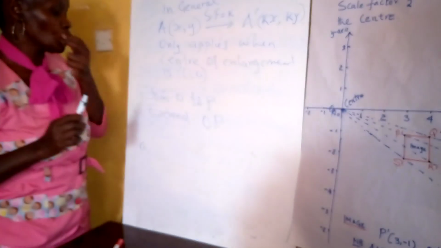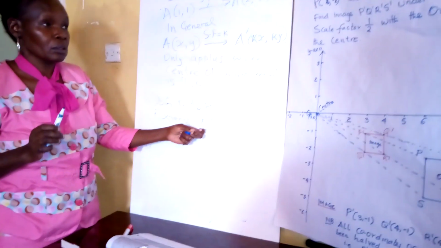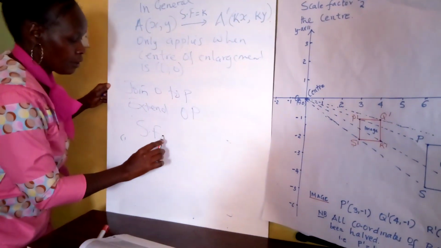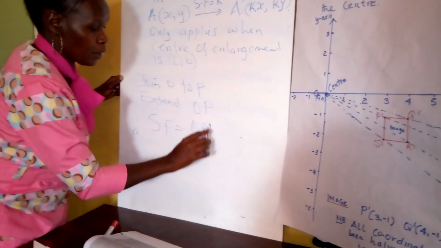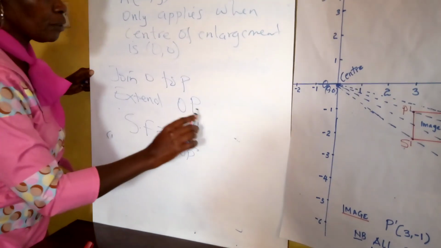In this case, we are going to see whether we really require the extension. Our scale factor is a half. So scale factor is equal to OP prime over OP.